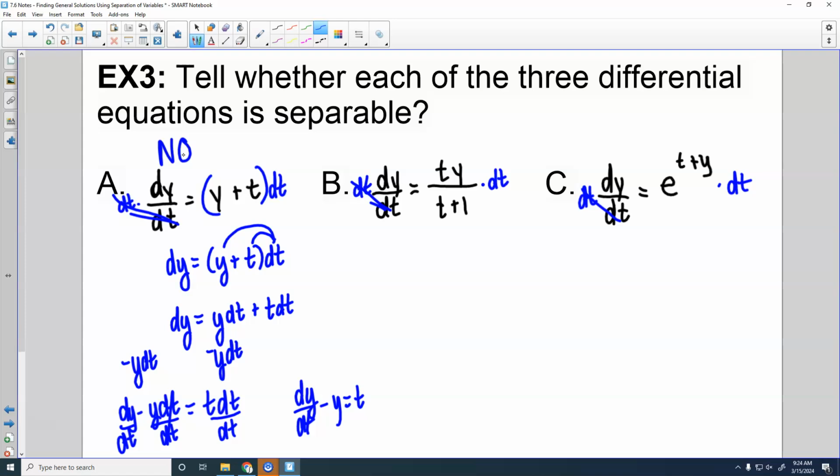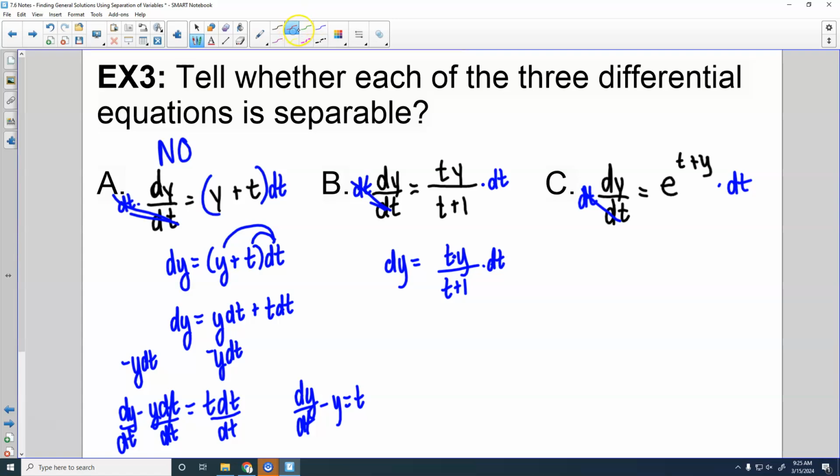Okay? What about B? We are sitting here. We got dy equals ty over t plus 1 times dt. We got that y over there on the right side. Can I get rid of it? If I wanted to get rid of it, what would I have to try? Do I have to keep the t with the y?